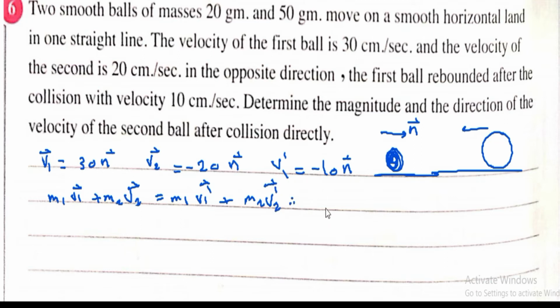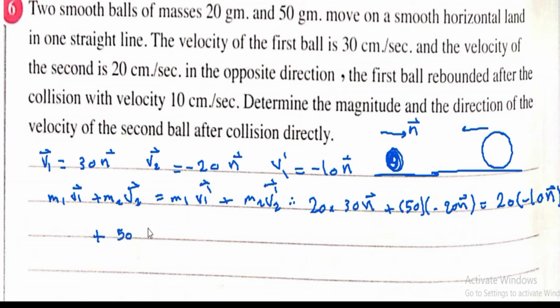Therefore, M1 20 gram times V1 30 N, plus M2 50 gram multiplied by V2 negative 20 N, equals M1 20 multiplied by V'1 negative 10 N, plus M2 50 multiplied by V'2 unknown.